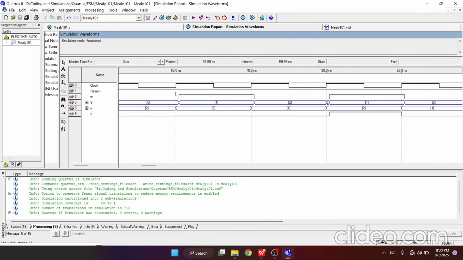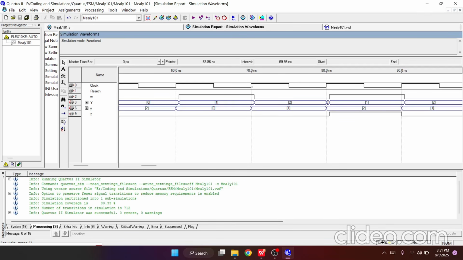So for this time range also, the capital Y value is 0. Now while being in state A, when the W is getting 1 here, now you should go to state B. Next state should be B, which is 2 here.